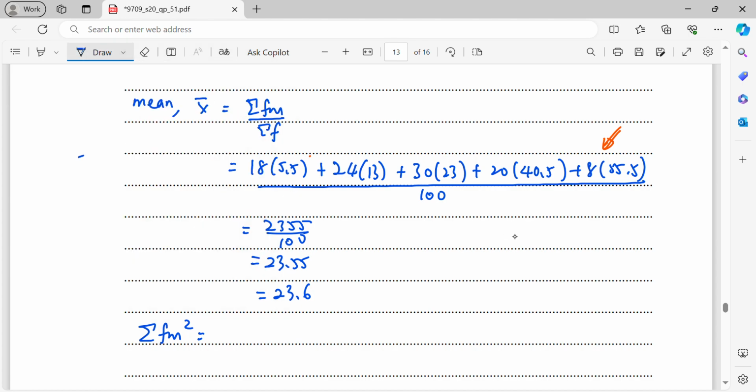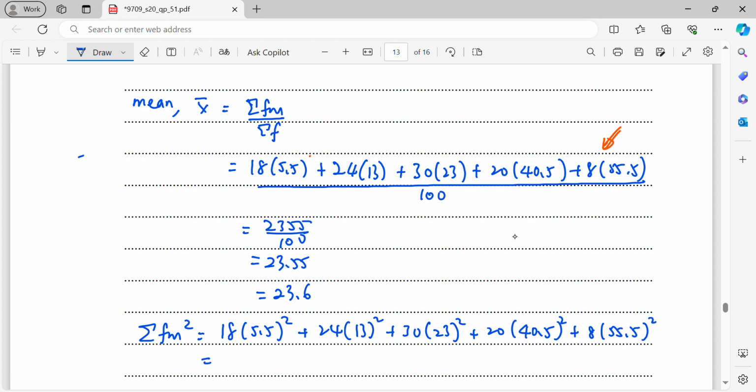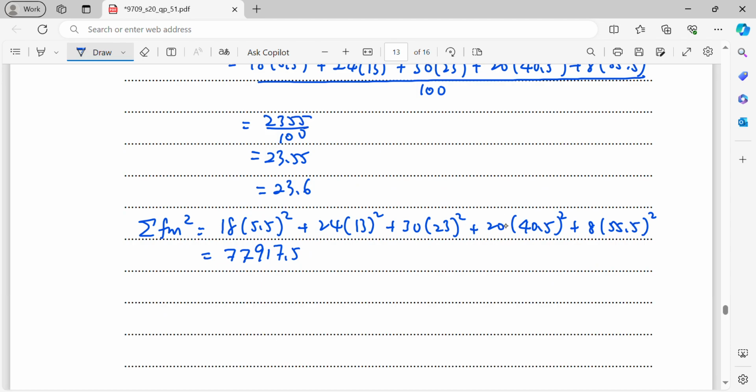Therefore, you will be getting this working. So 30 times 23 squared plus 20 times 40.5 squared plus 8 times 55.5 squared. That means the total here is going to be 77917.5.